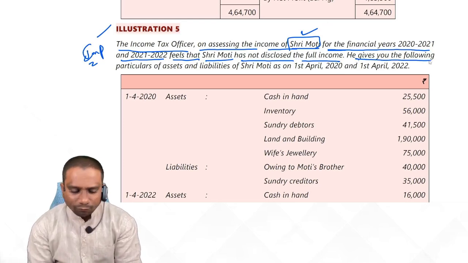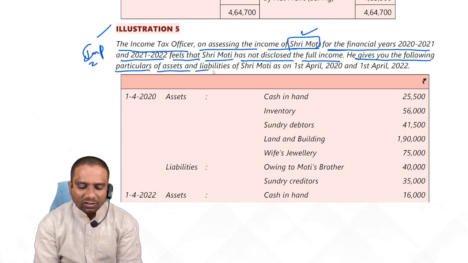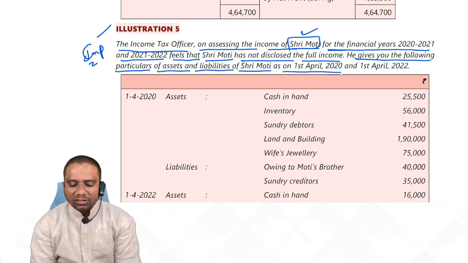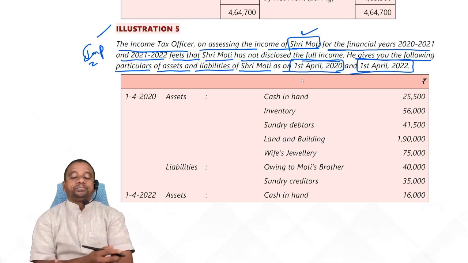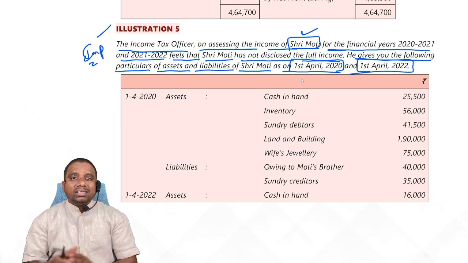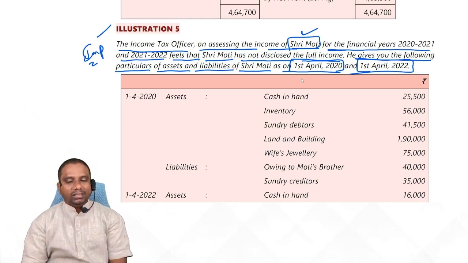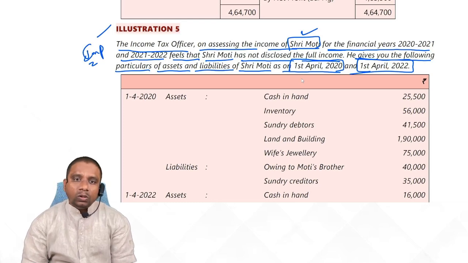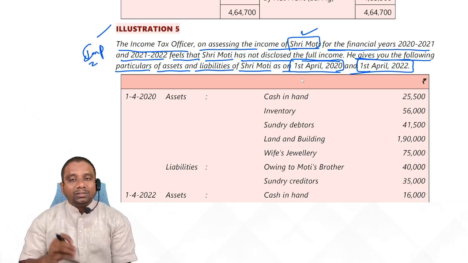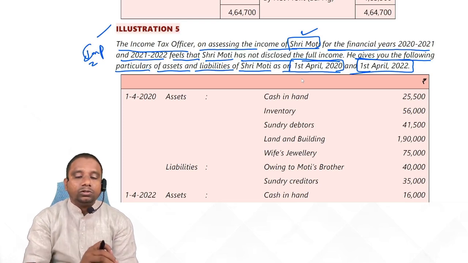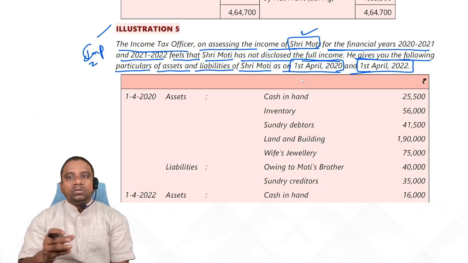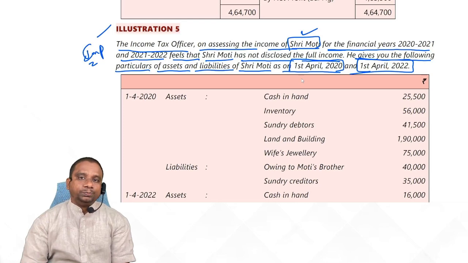He gives you the following particulars of assets and liabilities of Sri Moti as on 1st April 2020 and 1st April 2022. Here, try to understand the time gap between these two dates. The time gap between these two dates is 2 years, students. So what we have to do here is prepare a statement of affairs as on 1st April 2020, and at the same time on 1st April 2022.